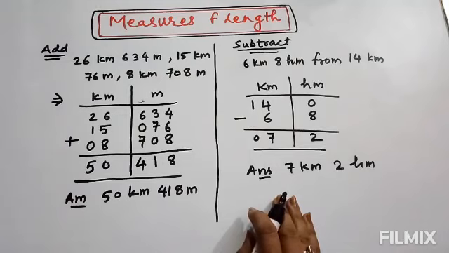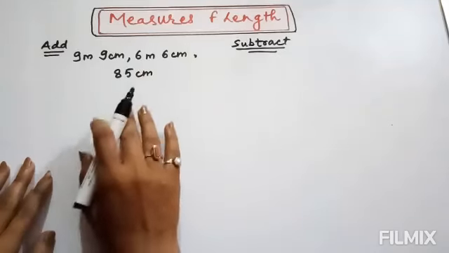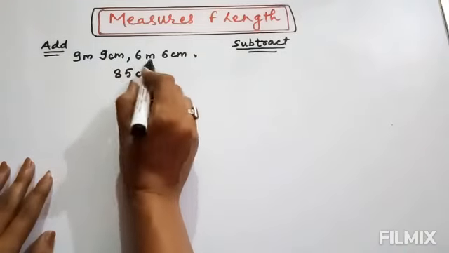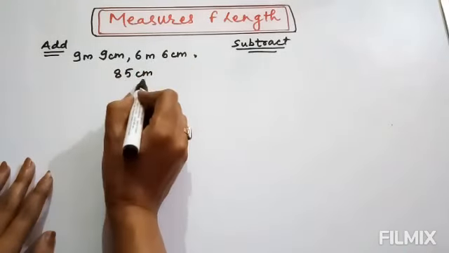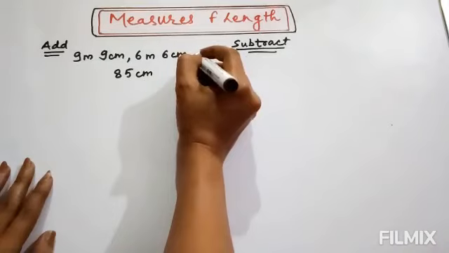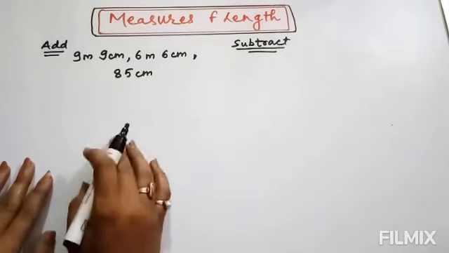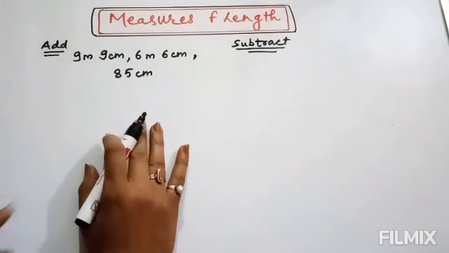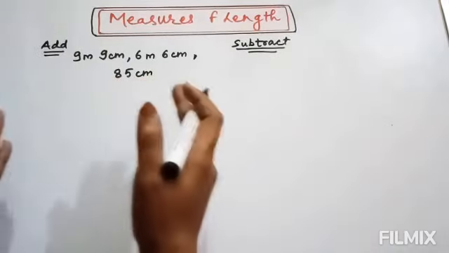Let's do 2 more questions. Now solve the next question: 9 meter 9 centimeter, 6 meter 6 centimeter and 85 centimeter. These are written with commas, so please write properly into the columns. Follow the same procedure that we did in the last question to separate it into columns.